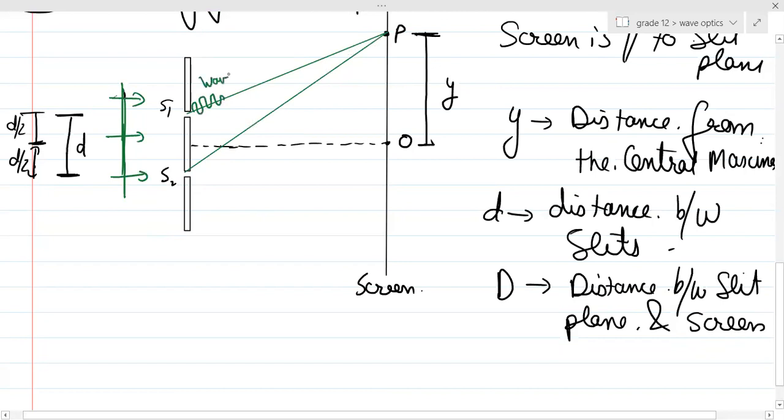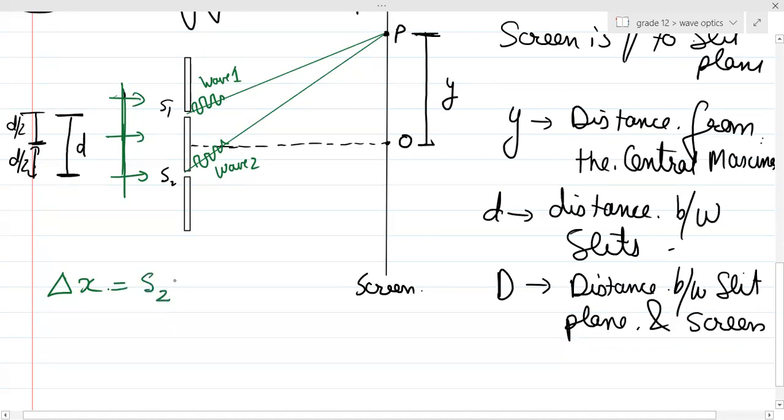This is your wave 1 and this is your wave 2. Can anyone tell me what will be the path difference in this case?